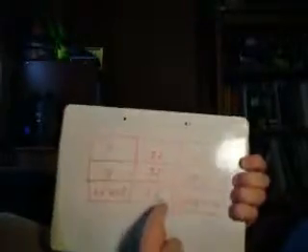Now we know that X is a 12% solution, we already told you that. We know that Y is a 35% solution. And we know that the final resulting solution, which will be this one, will be a 20% solution. So 0.12X plus 0.35Y is going to give you 0.20 times 8, which is 1.6.